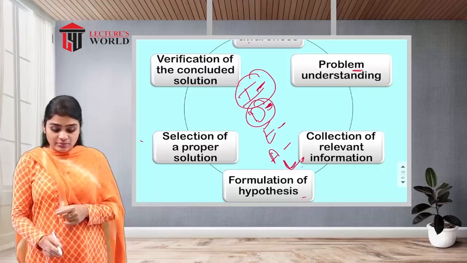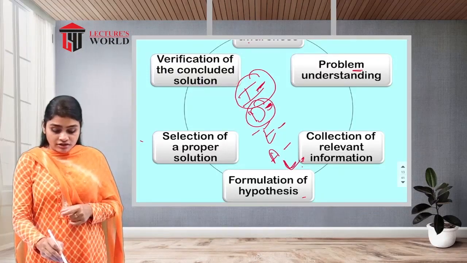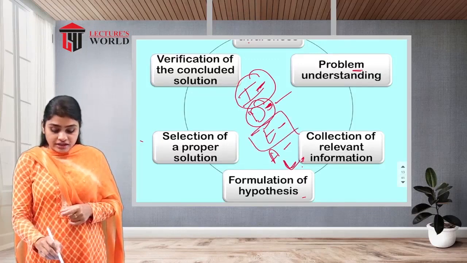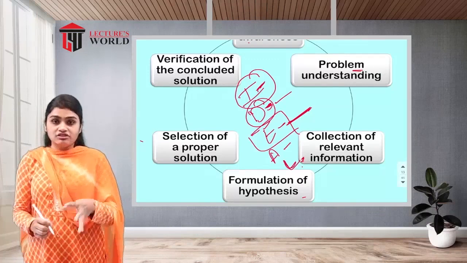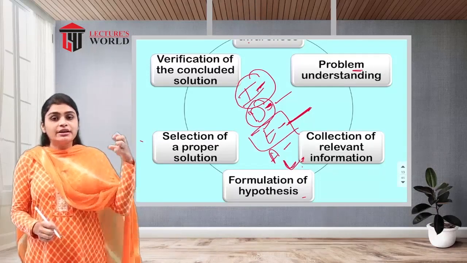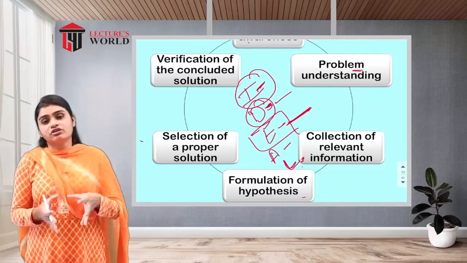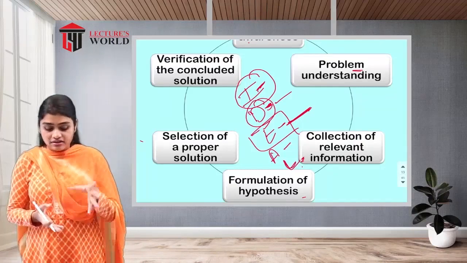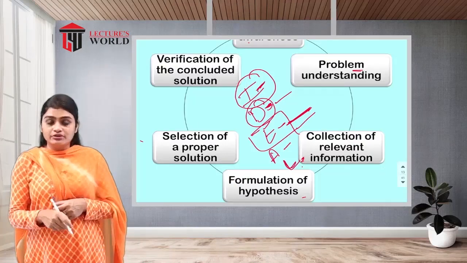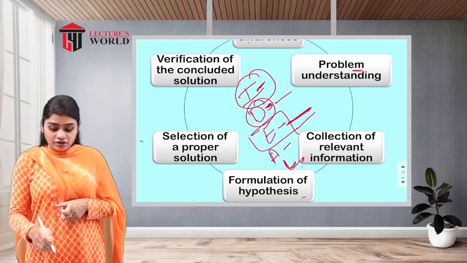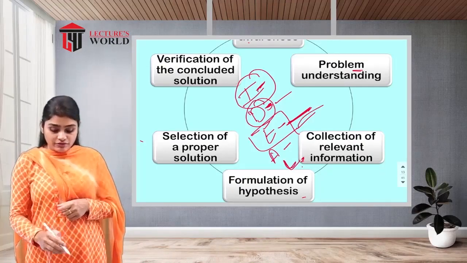Then E is evaluating the solutions, what solutions we have implemented, and the evaluation of those solutions we have to make, whether they are suitable to solve that particular problem or not.